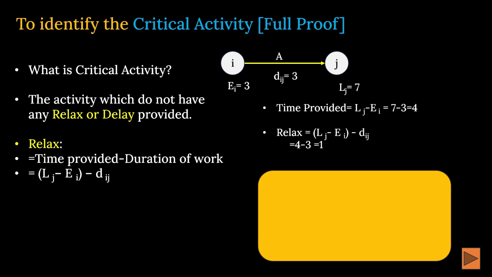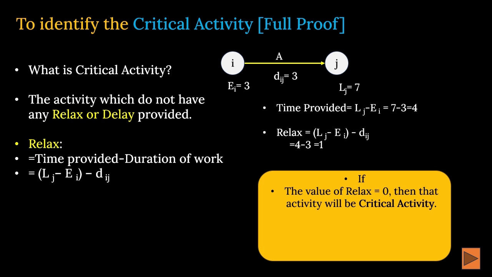Okay. So now the common consideration: if the value of relax is equal to 0, then that activity will be a critical activity. You got my point? Relax is latest finish time minus earliest start time at any node, minus the duration of that activity.